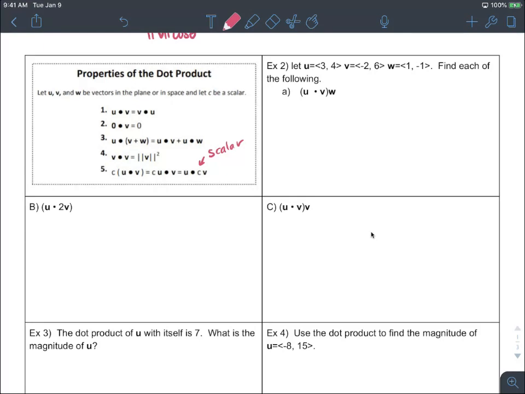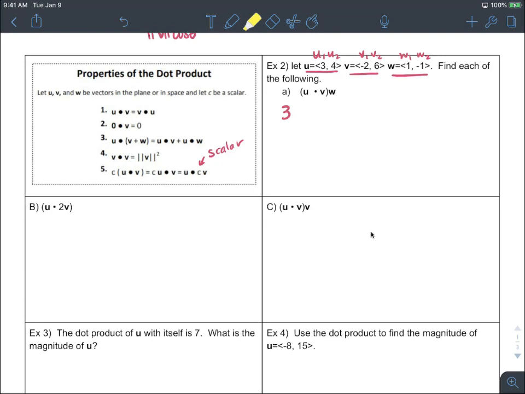Okay, so let's go ahead and look at the first one. If I have u equal to 3 comma 4, and v and w are given, we're going to find the following. So u dot v: what do I get out of u dot v? Well, I'm going to get a scalar, because dot products give me a scalar. So we're going to call these u1, u2, v1, v2, w1, w2.